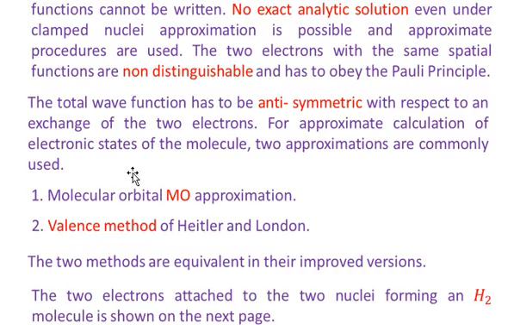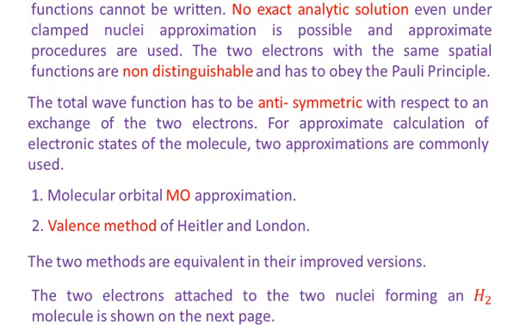For approximate calculations of the electronic states of the molecule, two approximations are commonly used. The first is the molecular orbital approximation, which we shall abbreviate as MO. The second is the valence method, or the Heitler and London method, and simply we shall call it the Heitler and London approximation. The two methods are equivalent in their improved versions.